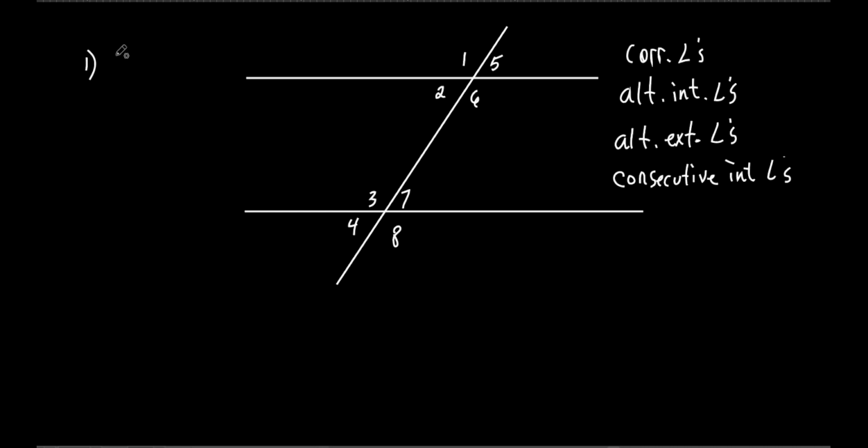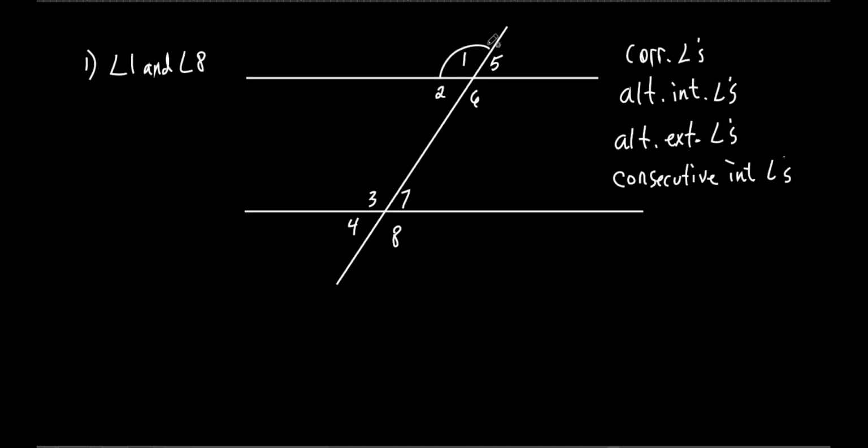So what if I said angle 1 and angle 8? Identify them. Which one of these right here is angle 1 and angle 8? Not just exterior, but what? Alternate exterior. That's correct.